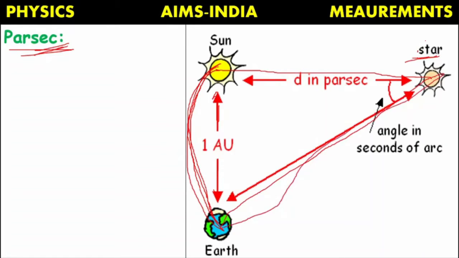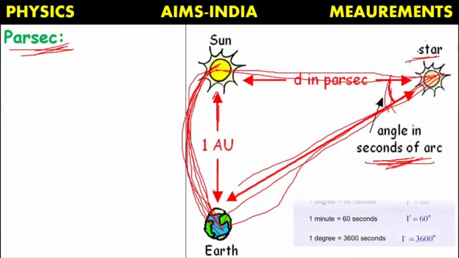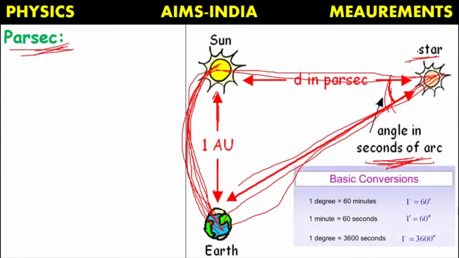If this arc of length 1 astronomical unit subtends an angle of 1 arc second at the distant star, then the distance from Sun to star is considered as a parsec.